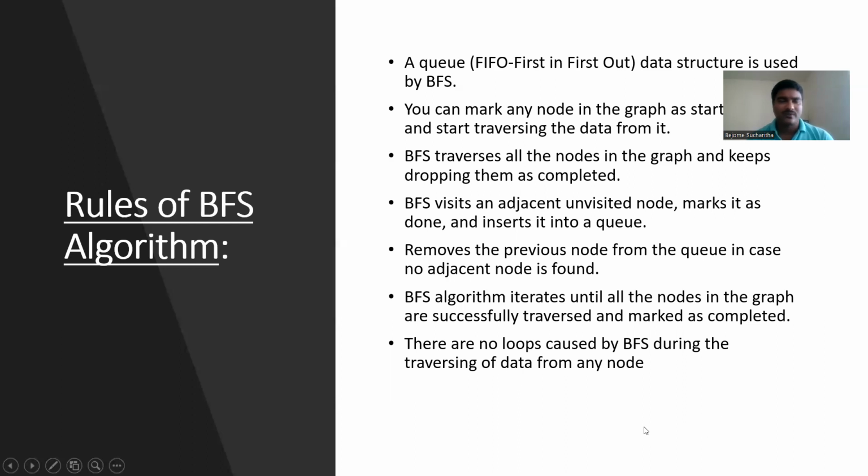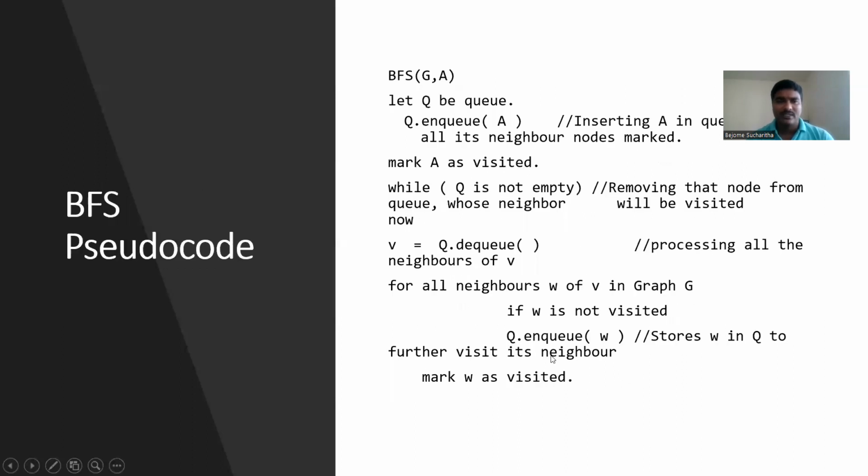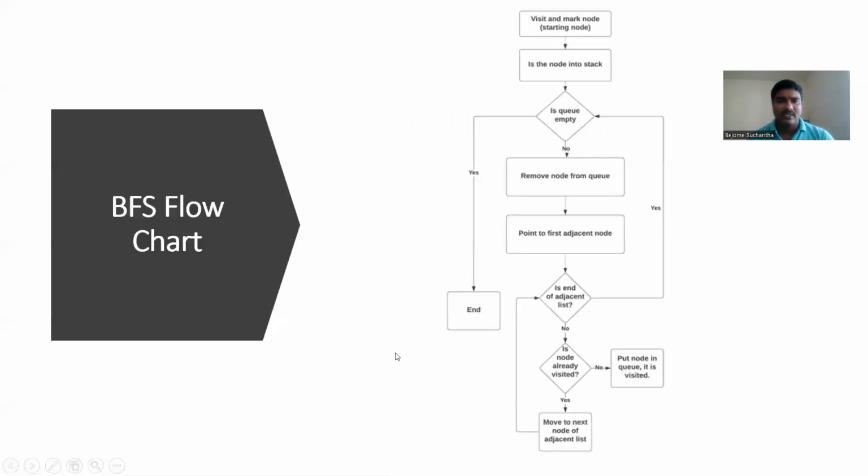These are the rules of the algorithm, and this is the pseudocode for BFS we are using in the project. And this is the flowchart of BFS: visit and mark the starting node, and put this node into the queue. Then it goes to the check whether the queue is empty.